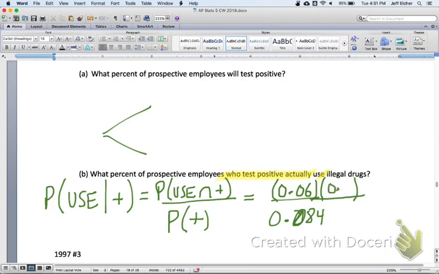Is that right? You would think I could just scroll up, but I really can't without losing all my hard work. So this was the use. This was the positive one. And the negative was 10%, right? The false negative. So that would be a 90. And then dividing those, we would get our conditional probability, the percent who actually use illegal drugs, given that they test positive.